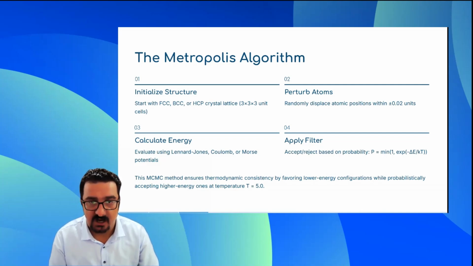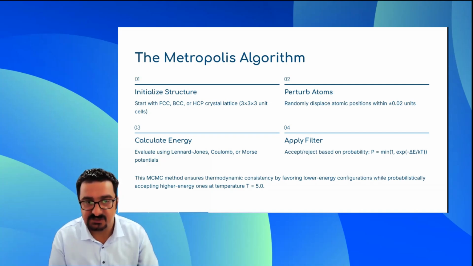Atomic positions are randomly perturbed within a narrow range of plus or minus 0.02 units. These small perturbations simulate thermal motion and introduce configurational diversity, allowing the system to explore nearby states in the potential energy landscape.